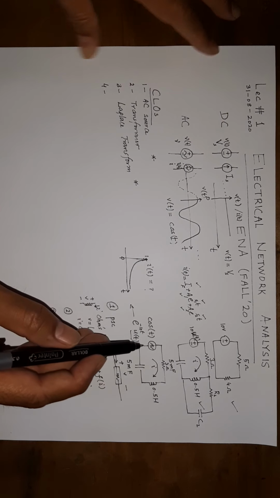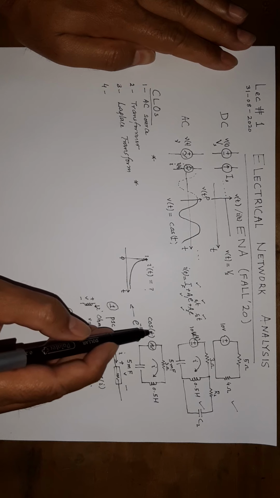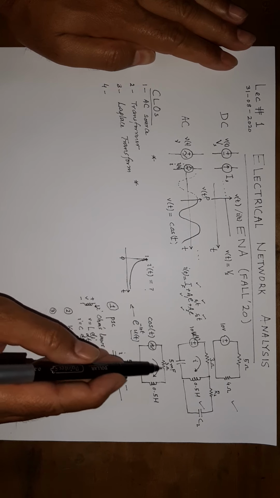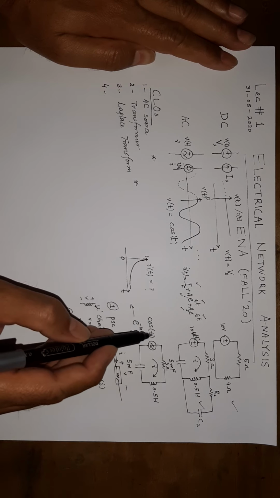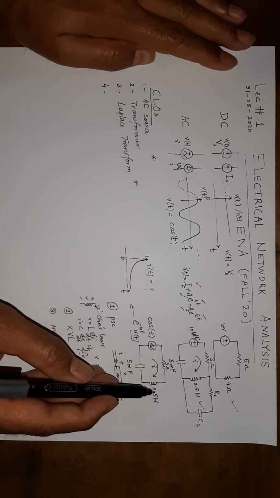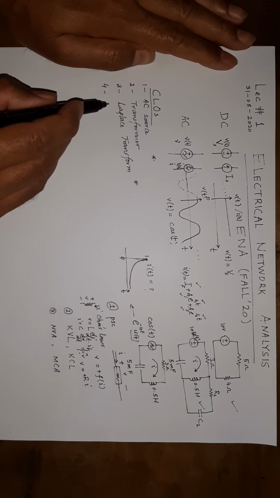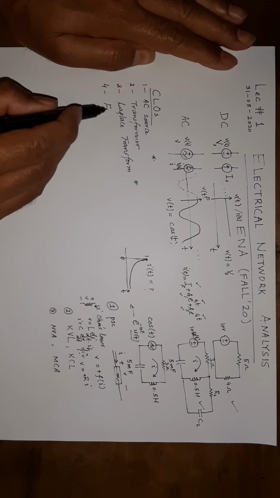So there are circuits that allow certain types of input sources to have a larger output, and certain types of inputs to have a smaller output. So we are going to look at those circuits, and those circuits are known as filters.